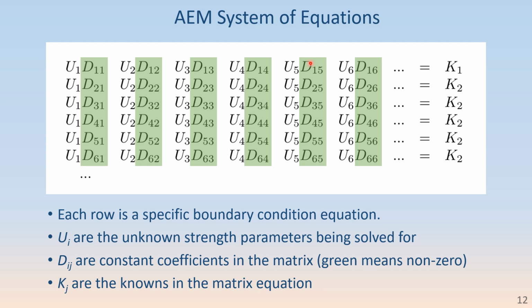But because it's an analytic element model and every element affects every other element, these are non-zero in general. So you have what you call a fully populated matrix with the analytic element method, and that's just a characteristic of the method, and we'll see that is different than in numerical methods.